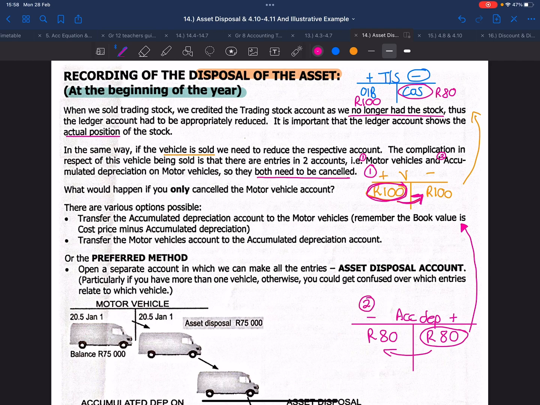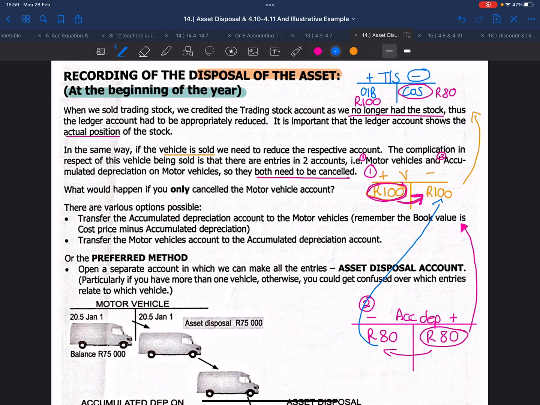So here it says what would happen if you only cancelled the motor vehicle account. So there are various options possible if you only cancelled this one, the motor vehicle one. You could transfer the accumulated depreciation to the motor vehicles. So in other words, it's saying you could transfer it there, because the book value is then cost minus accumulated depreciation.